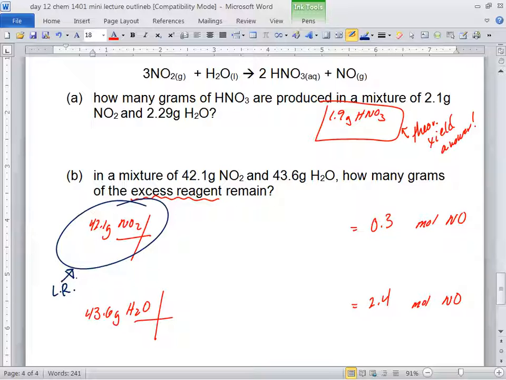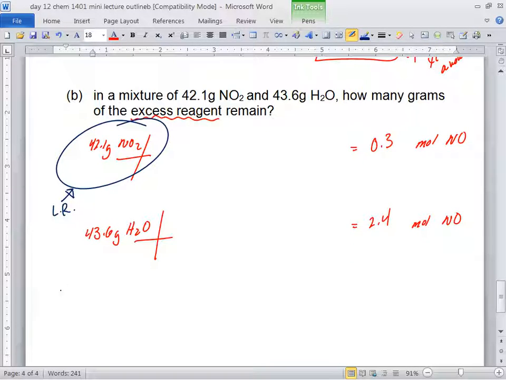So your excess reagent is water, H2O. So convert your limiting reagent. So the last step, right? Convert the 42.1 grams of NO2, your limiting reagent, all the way to grams of H2O.